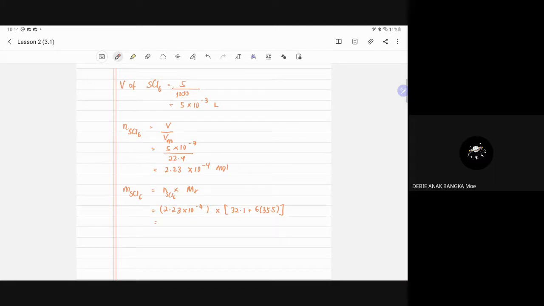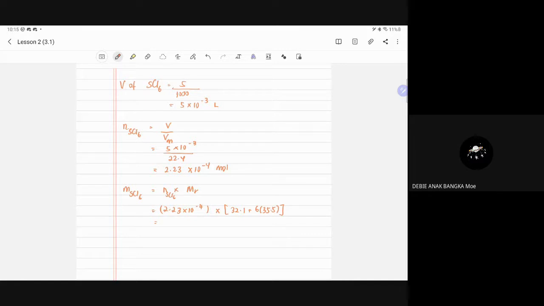So the way I put it is, 2.23 kamu boleh tekan button untuk darab 10 tu, kamu tekan button bawah ni yang times 10 to the power of x tu. Lepas tu terus tulis negatif 4 like that. Okay, boleh nampak?